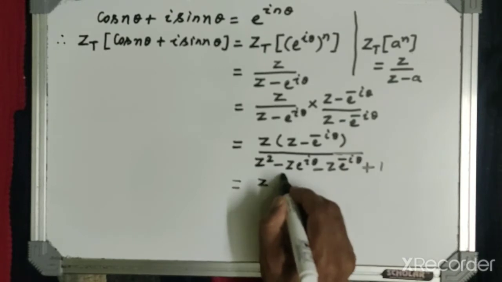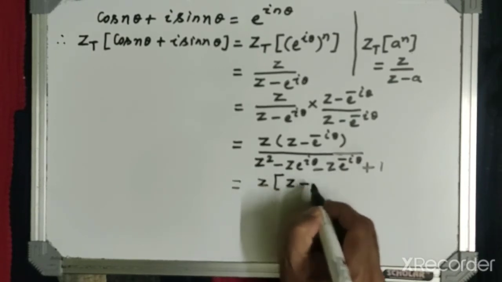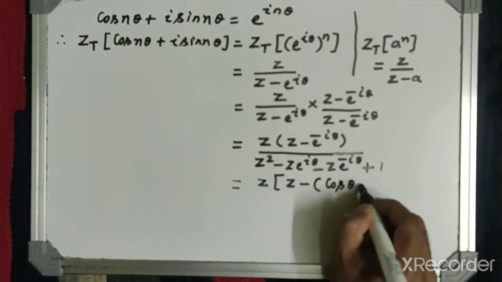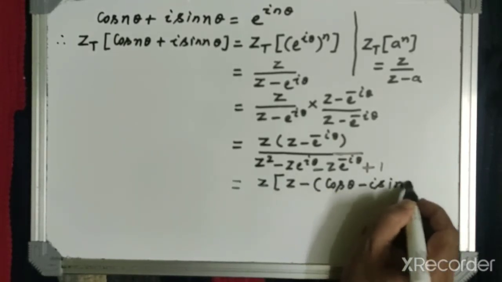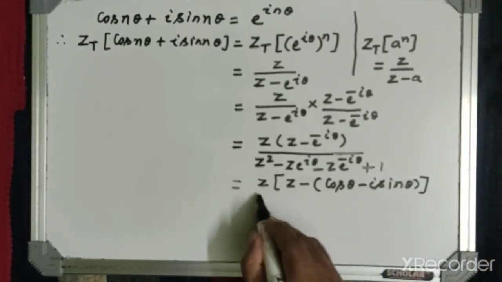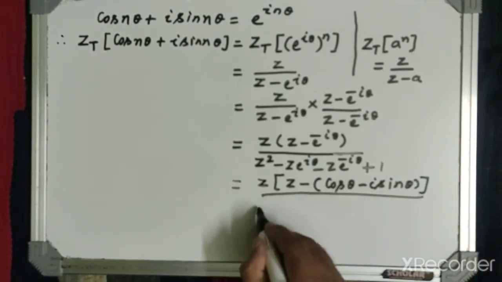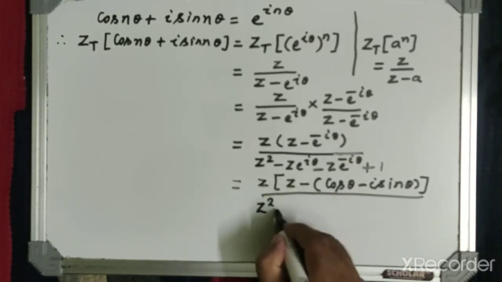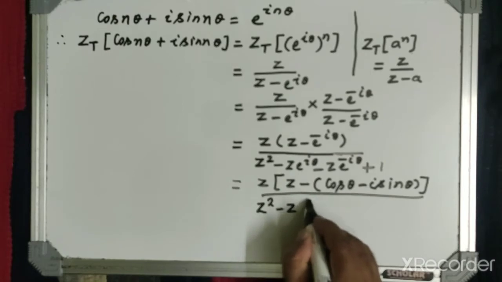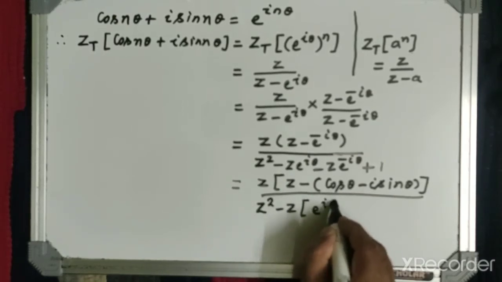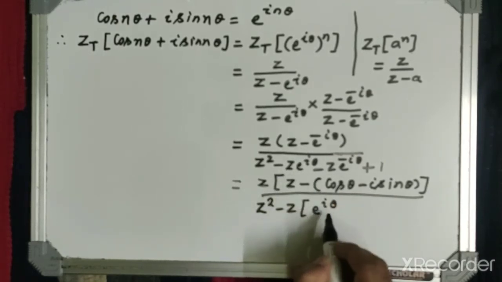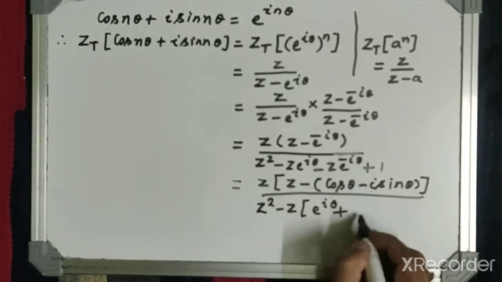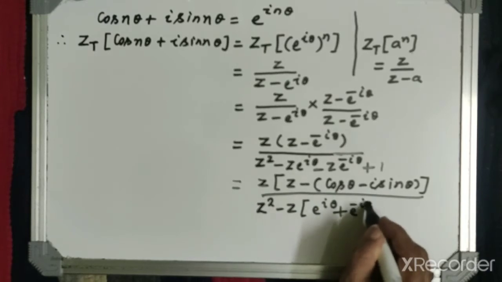So this is equal to z times z minus e power minus i theta, which is cos theta minus i sin theta, divided by z square minus z times e power i theta plus e power minus i theta, plus 1.